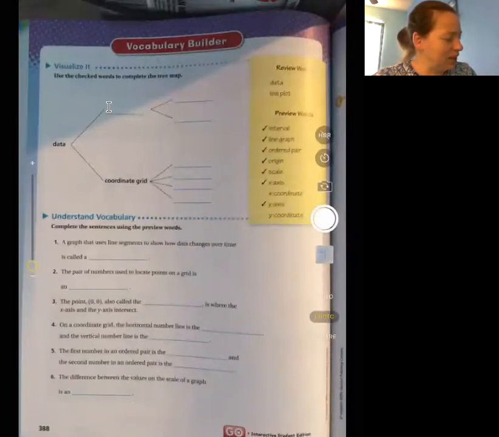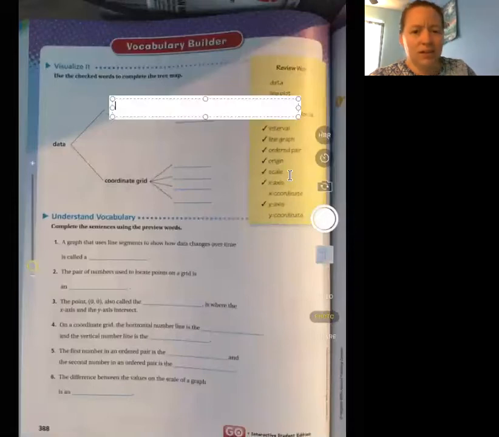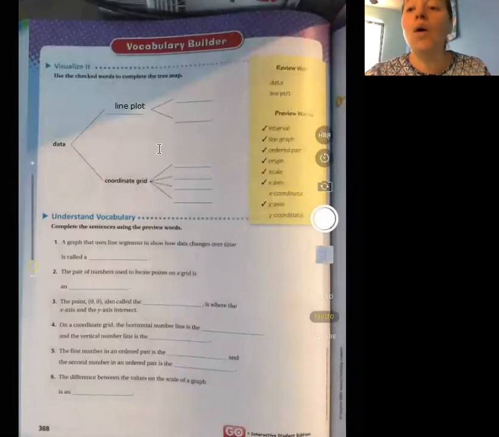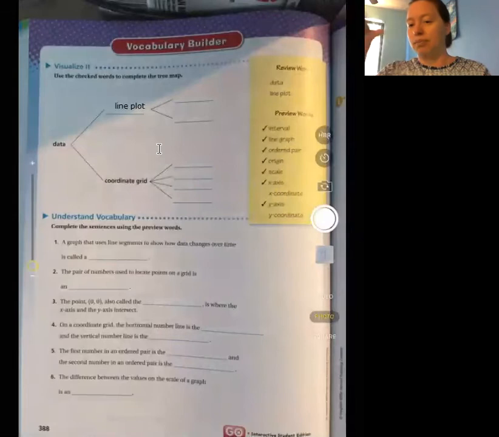Is that what it wants? On a line plot. Oh, I remember what the line plot is. Okay, so the line plot is when you have a number line and then you put X's over top of it for how much of the information there actually is for it.